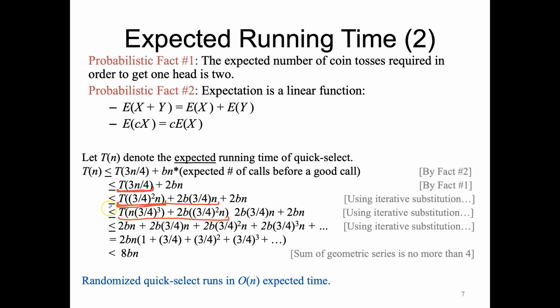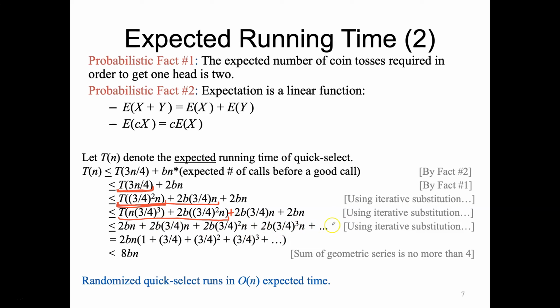And then we can keep doing this until we establish a pattern. We're skipping forward a few steps now, but we could repeatedly apply this iterative substitution until we have a constant size input that we're working with. So I'm just going to write this a different way. We've got 2bn plus 2b(3/4)n plus 2b(3/4 squared)n plus, and we can keep writing it this way.